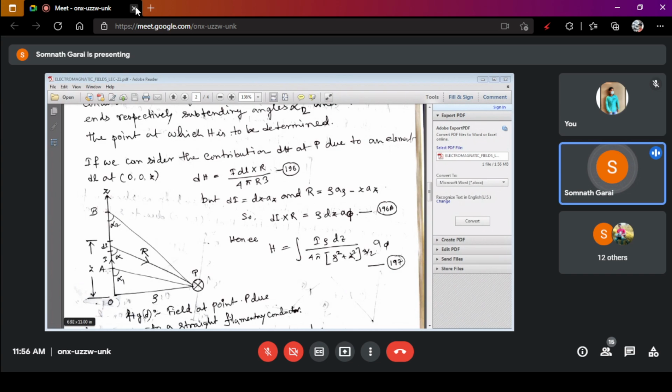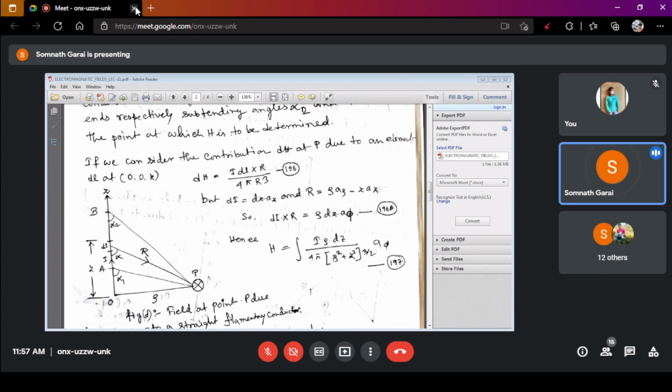According to the line integral, the magnitude from the dl point to the O point is z with the unit direction of minus a_z. And then from the O point to the P point, the magnitude is rho with the direction of a_rho. That's why this r vector is represented as rho a_rho minus z a_z.